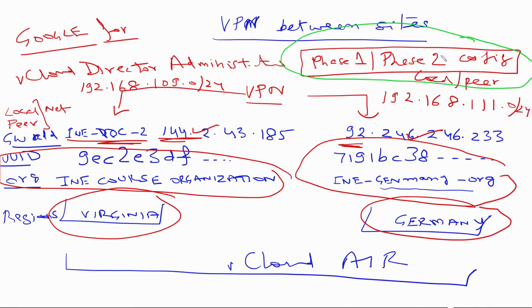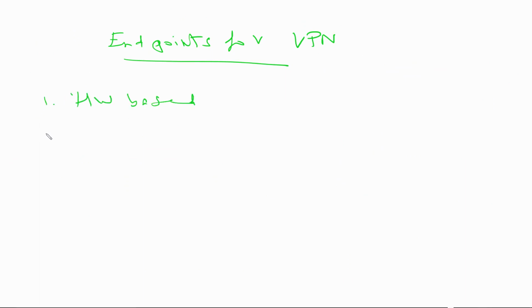Like I said, the either end, the endpoints. Let's clear it and start again. Let's look at the various endpoints that are now possible. Of course, endpoints for VPN. We can have hardware-based devices. You can have software-based devices.